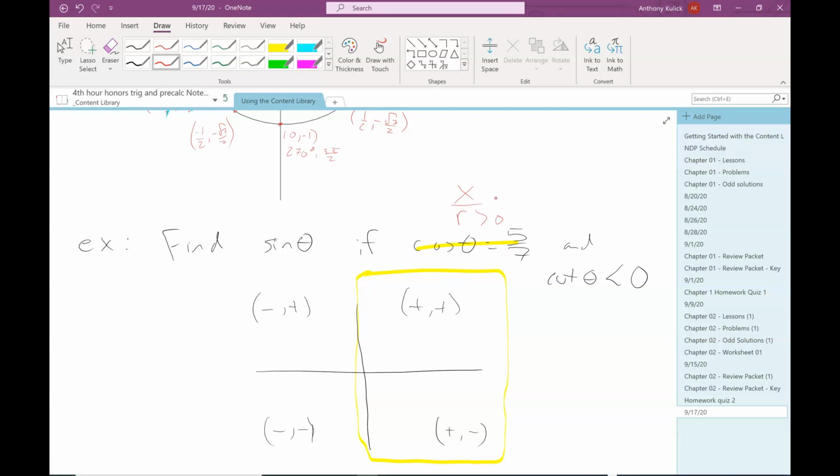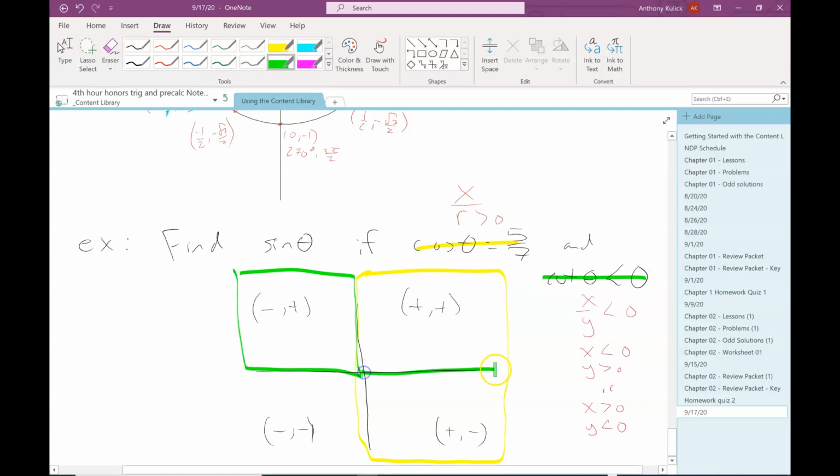Cotangent is x over y, and if cotangent is negative, either x is negative and y is positive, or x is positive and y is negative. So that means theta would have to be here or here.